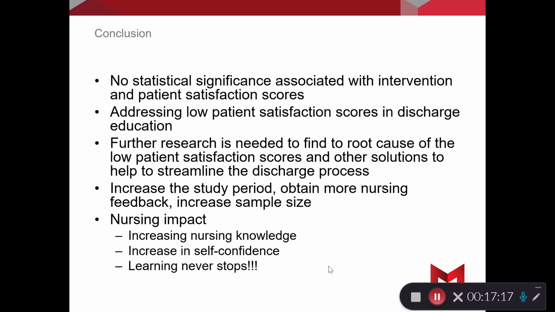As a result of increasing my nursing knowledge, it has helped me to become more self-confident within myself. I feel like if I can go through this strenuous, hard program, I feel like I can accomplish anything else in the world.